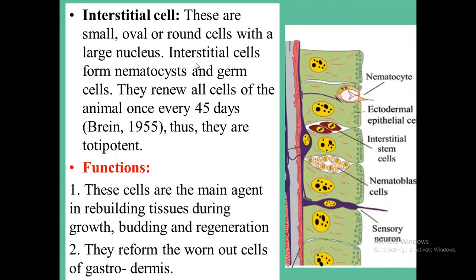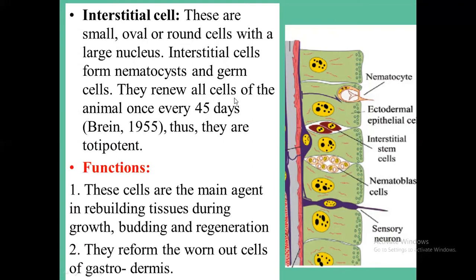These are small oval or round cells with a large nucleus. Interstitial cells form nematocysts and germ cells. Actually, most of the germ cells are produced from interstitial cells.